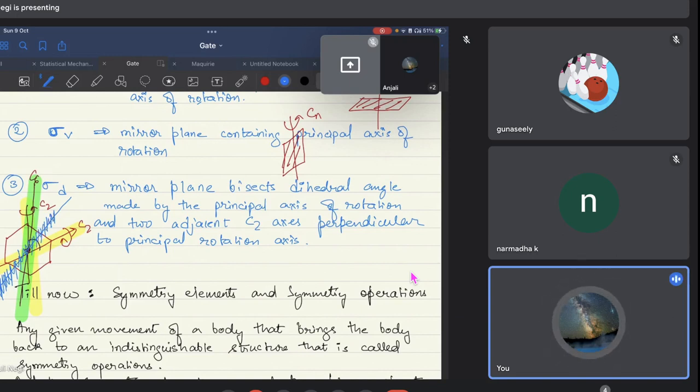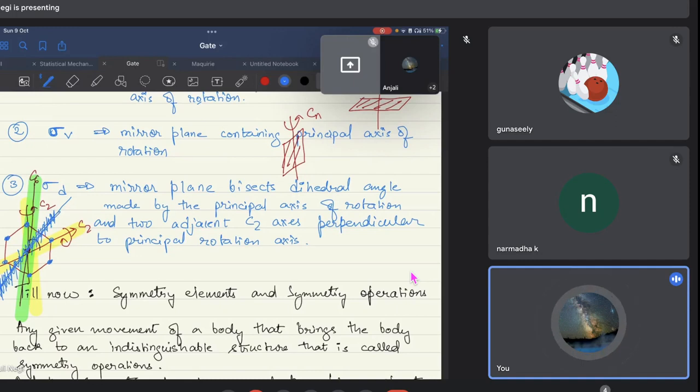This is my sigma d, and you can see that when this plane reflects my molecule, the reflection of this point and this point will be equivalent and will land somewhere like here. So this gives me the benzene structure again, an indistinguishable structure. So this is a symmetry operation. Sigma d here is doing a symmetry operation, and hence this plane is a symmetry element, which is sigma d.